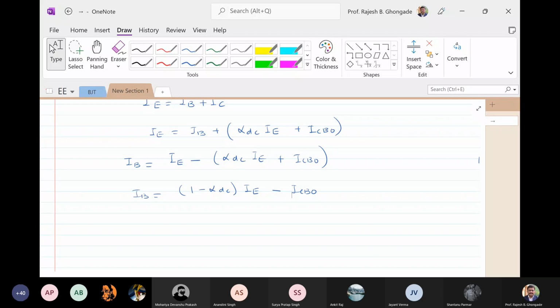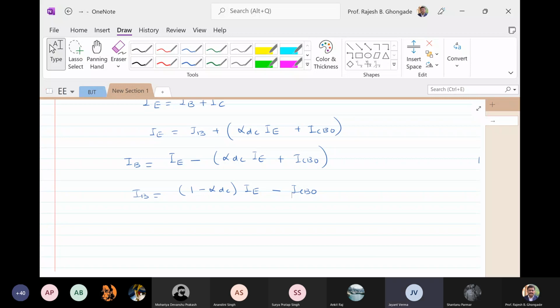What do you understand from this? ये क्या किया हम लोगों ने? So current relationship निकाली है. We were interested in finding out the current relationship between the emitter current, base current, emitter current, collector current, and so on and so forth. So what we have established here is the current relationship. Let us have a look at the characteristics of common base.